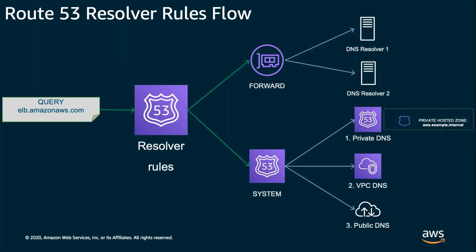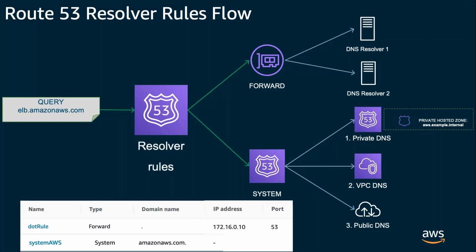One of the things with that example is that for other AWS names like ELB.AmazonAWS.com, RDS, and our relational database service, and a number of other AWS services actually use this AmazonAWS.com name to resolve our service names.